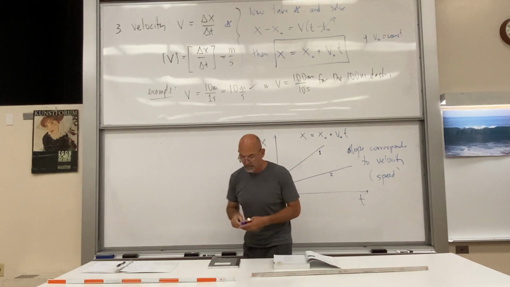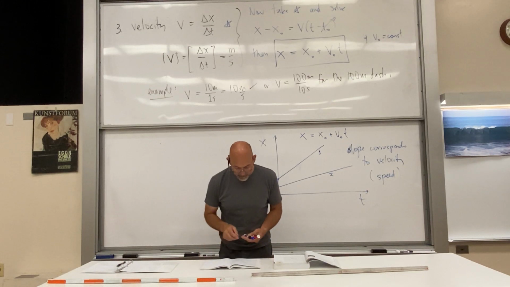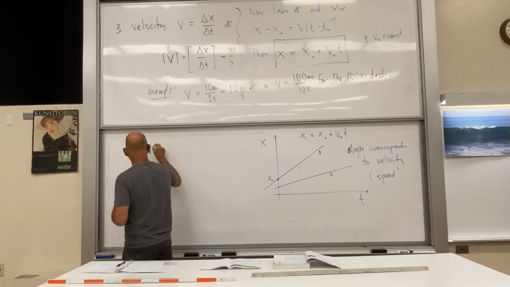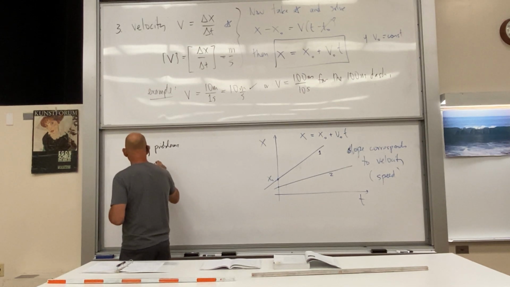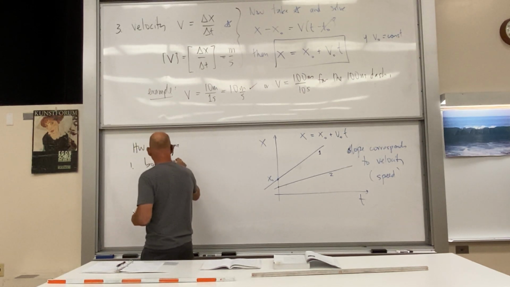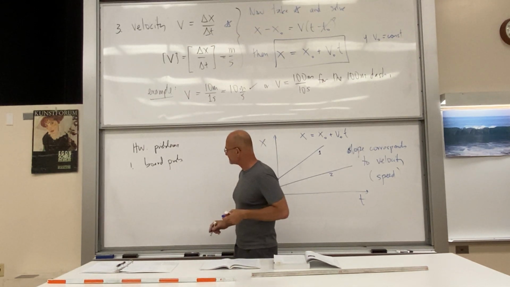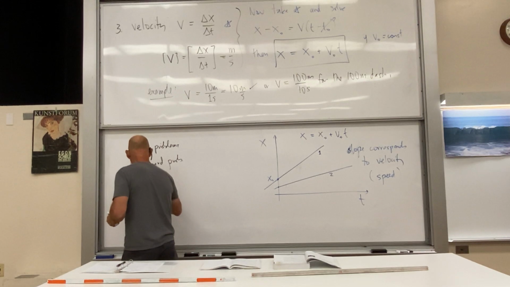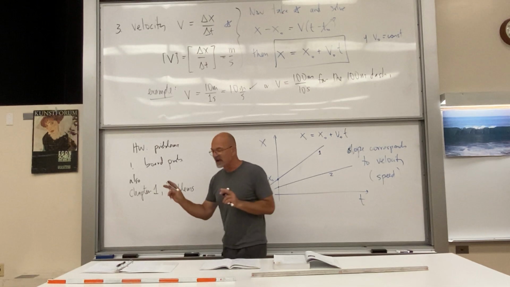And I'll just put a couple homework problems up. Thought I knew what I wanted you guys to do. See if I wrote it down. Yes, so homework problems. The first one was the board problem at the beginning of this lecture with finding the units of G. And then also Chapter 1 problems, and these are all trig and dimensional analysis.